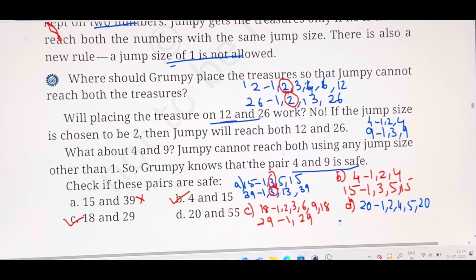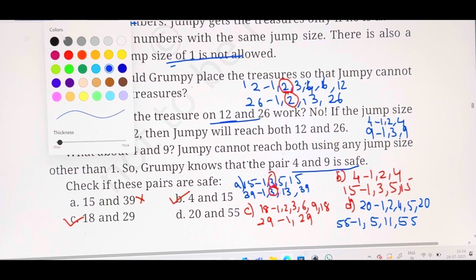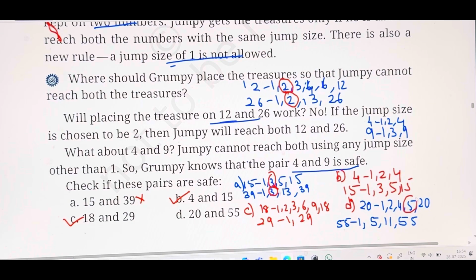Factors of 55 are 1, 5, 11 and 55. So is there anything common over here? Yes, what is common is 5. So Jumpy can use the jump size 5 and reach the treasure. So again, this is not a safe pair.